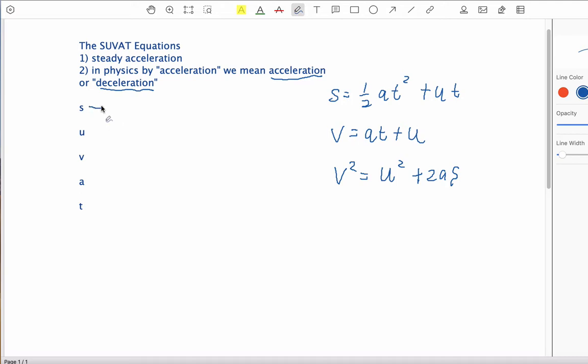So S means distance, and in one-dimensional motion, unfortunately, you're going to see that we use this interchangeably with displacement. I know there's a difference between the two of those, and we need to be careful about that, but S is going to mean distance or displacement. U is going to mean starting velocity.